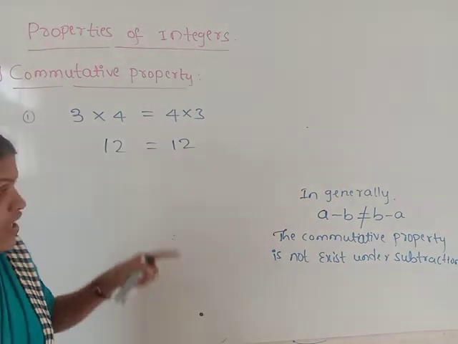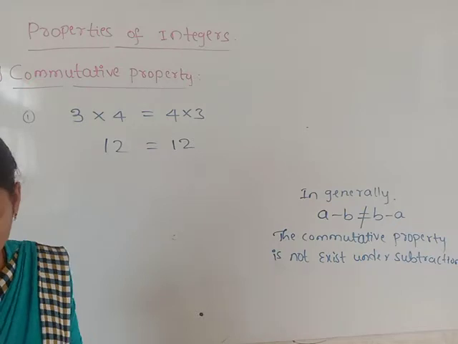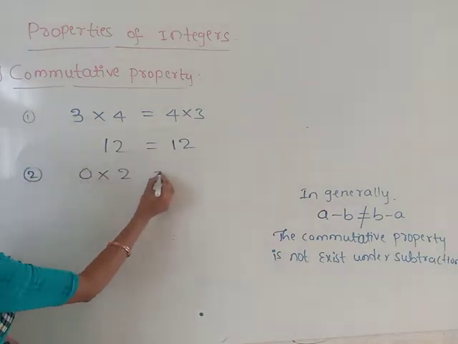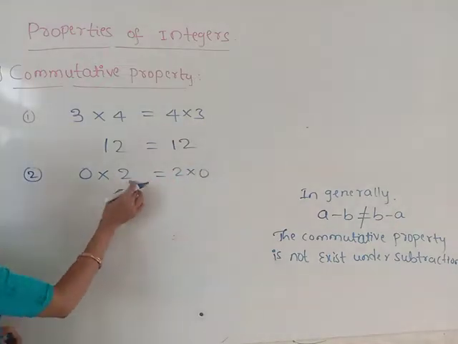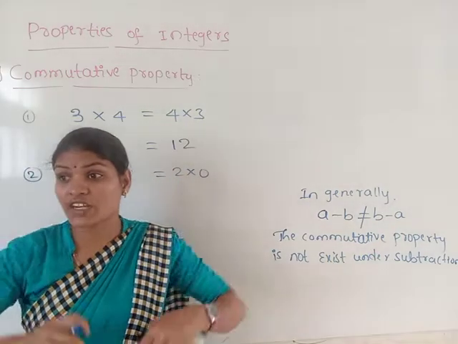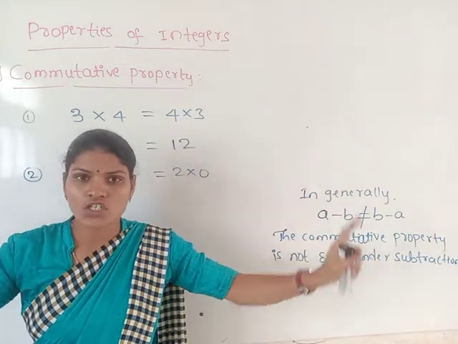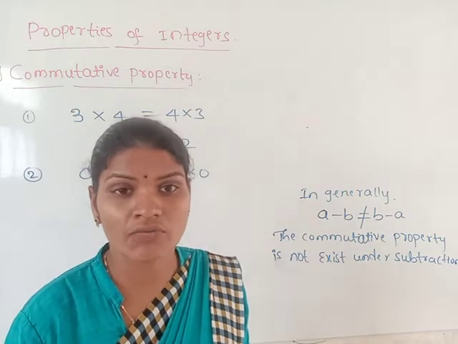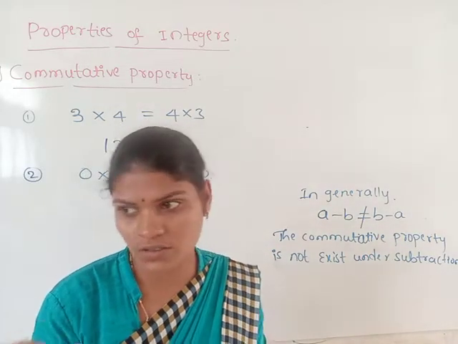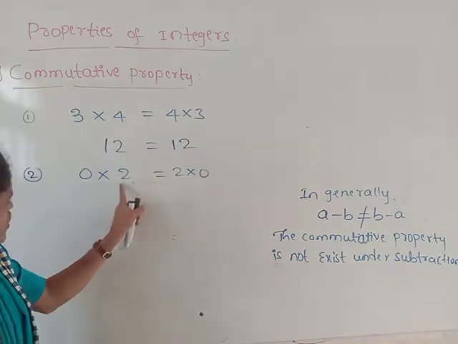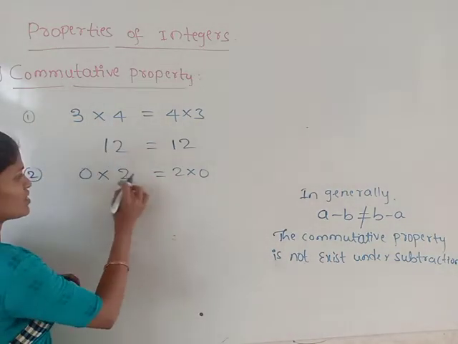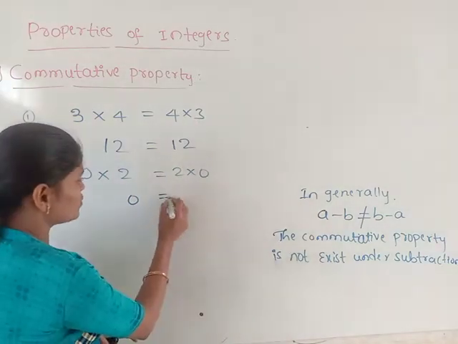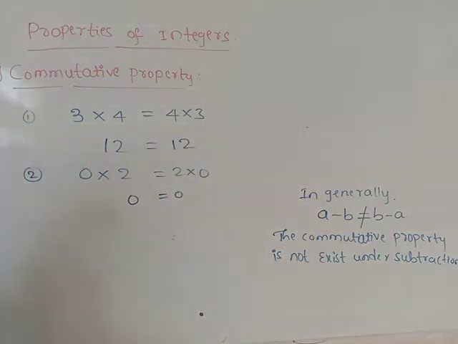Both are equal when both are positive integers. Suppose you take 0 and a positive integer. 0 into 2. 0 into your classroom is also 0, 0 into your cot is also 0, 0 into the bed where you are sitting is also 0 itself. 0 into anything is 0, so 0 into 2 is 0, and 2 into 0 is also 0. Both sides give the same answer.